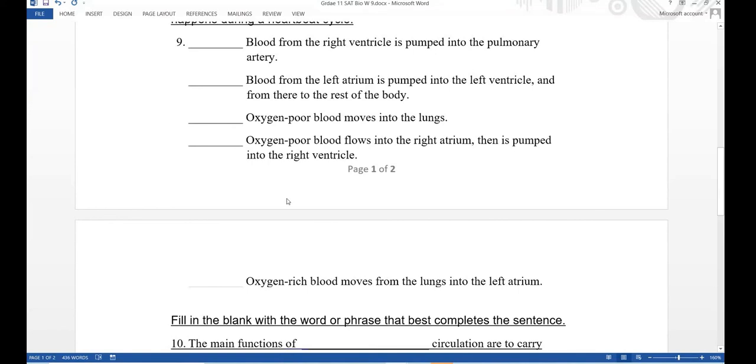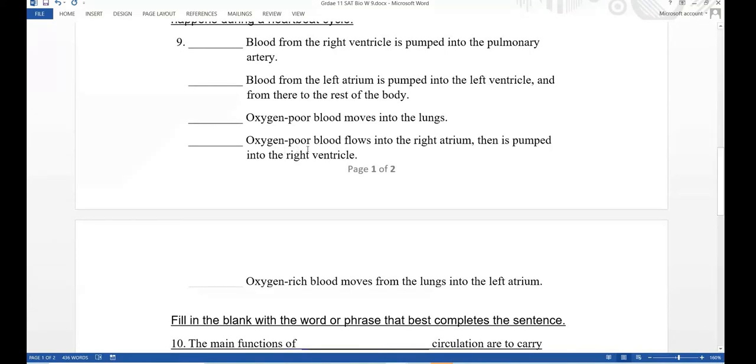What happens in step number 1? Girls? What happens in step number 1? Which one can be step number 1?